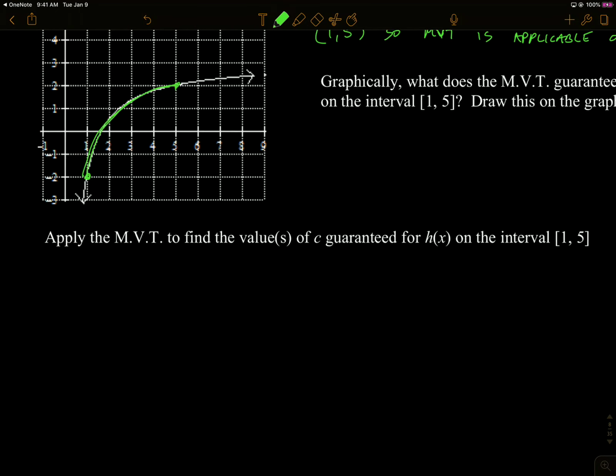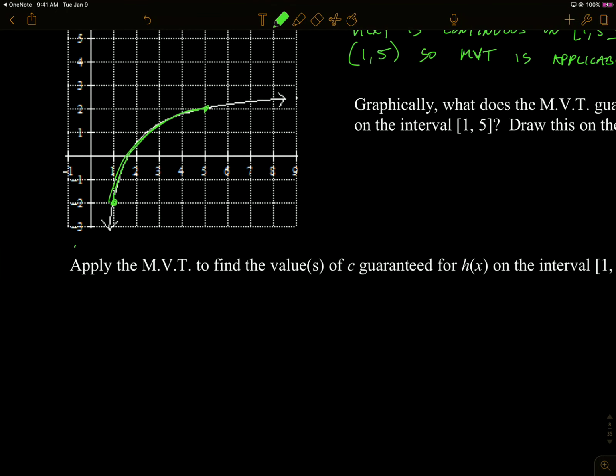So what it's saying is that on this interval, the average rate of change is given by that secant line. That's the average rate of change if I did the slope of the line that passes through those two endpoints.